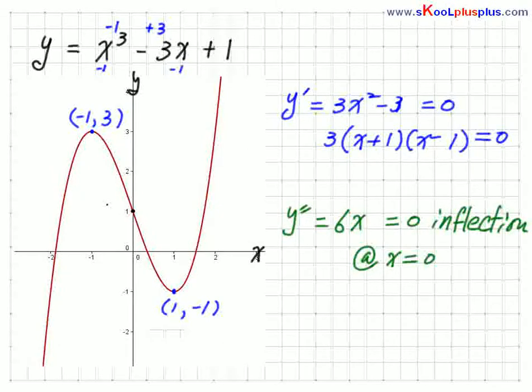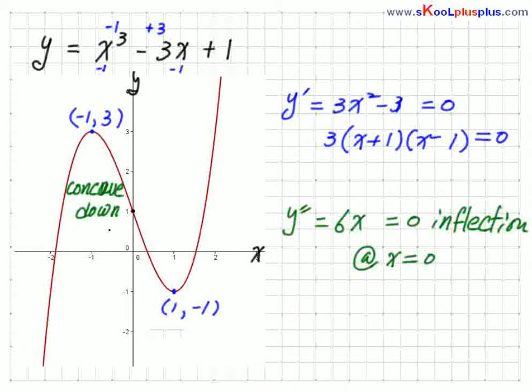The second derivative tells us where the inflection is. Inflection means, look at these two curves right here. One curve looks like this, another curve looks like this, and one curve looks like that. We call that concave down.